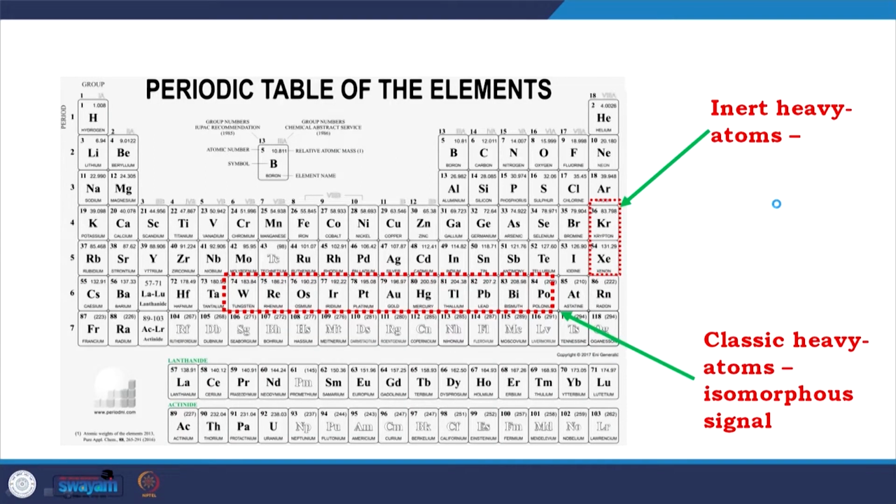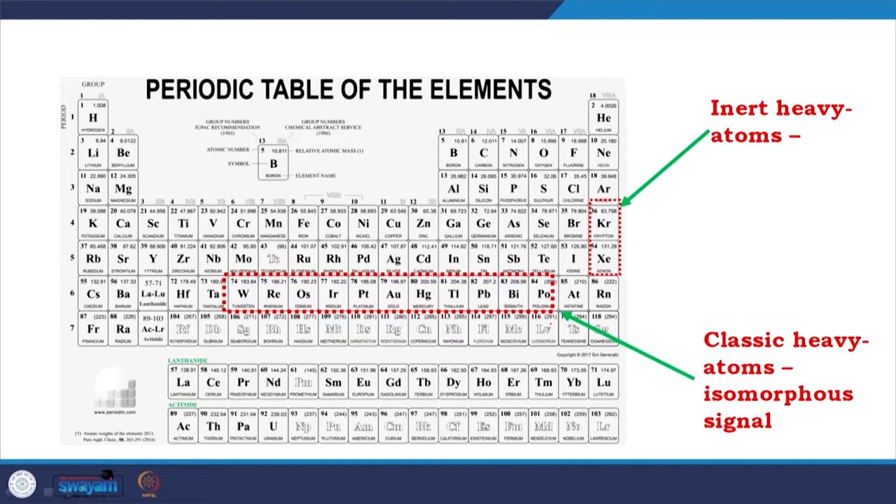If you see in the periodic table, the heavy atoms which you could choose are all in this row, which are tungsten, rhenium, osmium, iridium, platinum, gold, mercury, thallium, lead, bismuth, polonium. In addition, we could also use krypton and xenon, which are inert heavy atoms.